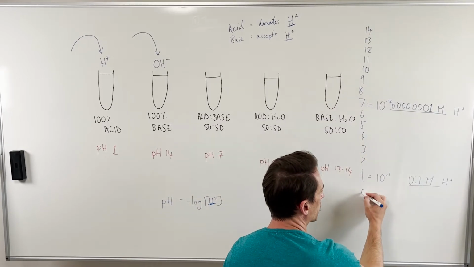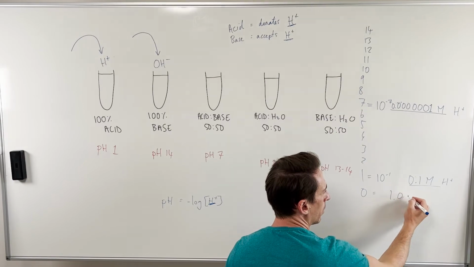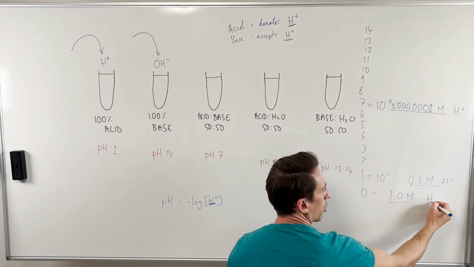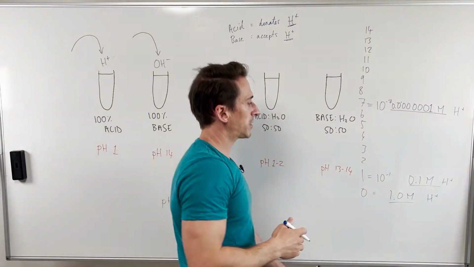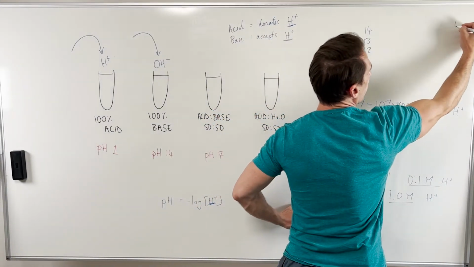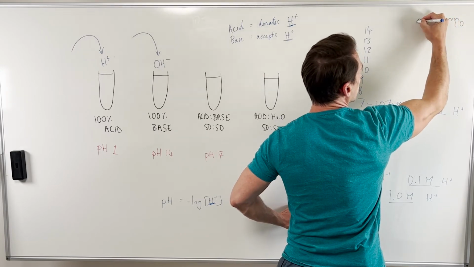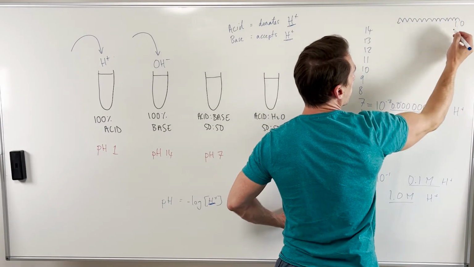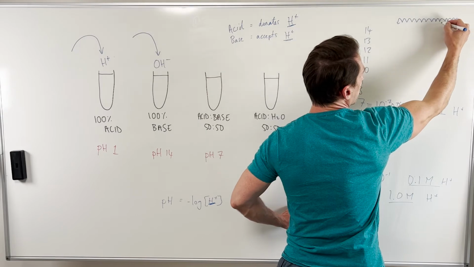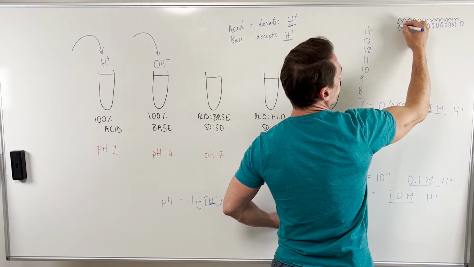You can actually have a pH of 0, and that simply means it's going to be 1 molar of hydrogen ions, okay? So this is what we're referring to. So if you go to a pH of 14, simply 1.0 and go back 1, 2, 3, 4, 5, 6, 7, 8, 9, 10, 11, 12, 13, 14 decimal places. So it is a really, really small number.